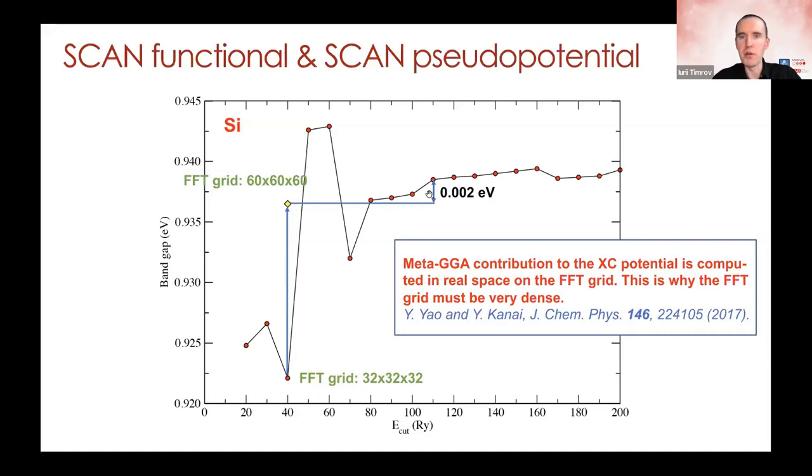The difference is only 0.002 eV. So this tells you that we can use lower cutoffs for the wave functions, but we still need to use very dense FFT grids where the SCAN exchange-correlation potential is evaluated. This is just a trick to reduce the computational cost a little, while keeping the accuracy of the prediction.